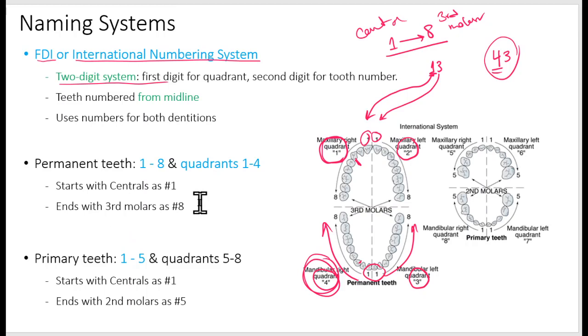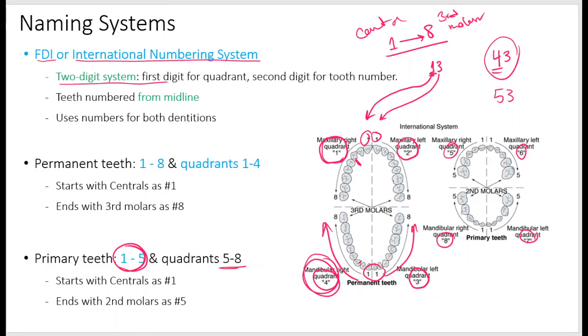The other thing is on the baby teeth we have number 5, 6, 7, and 8. So instead of putting 4, if I put 5 and then put 3, you know that this is the canine. So for baby teeth, they're also still using numbers instead of letters.